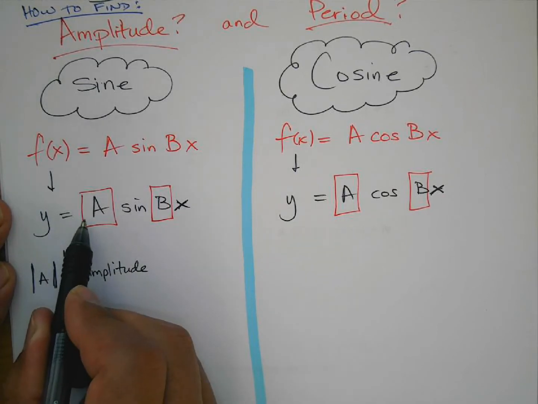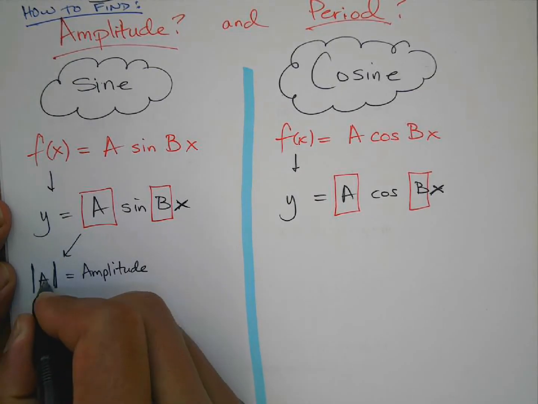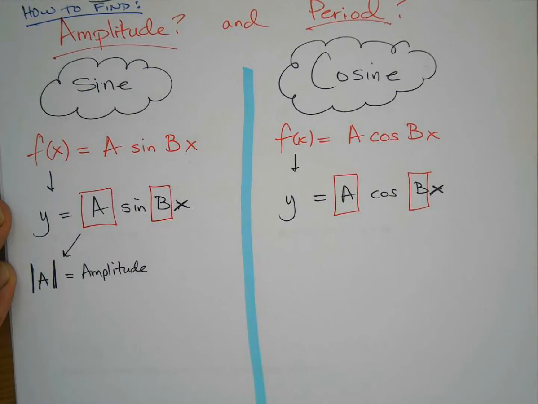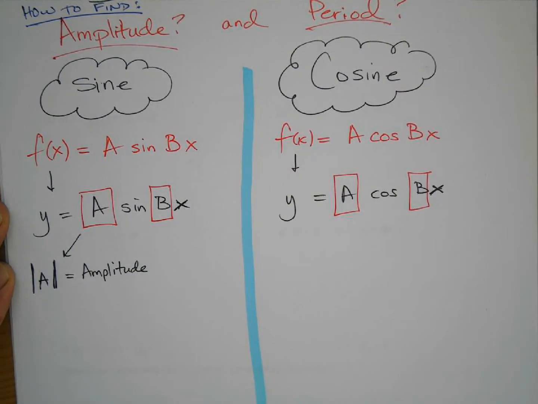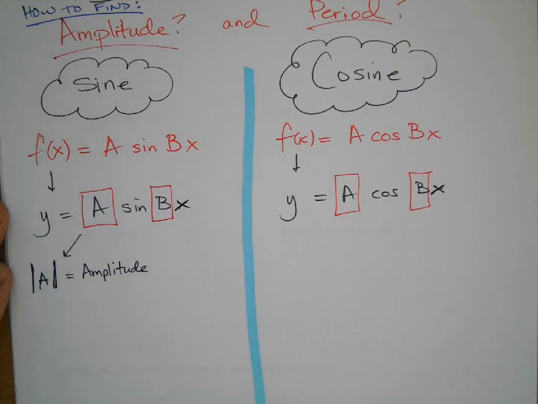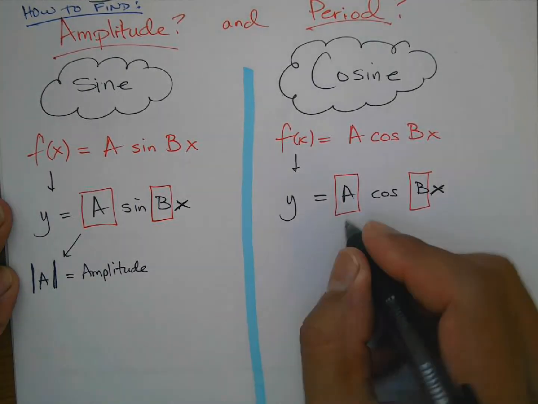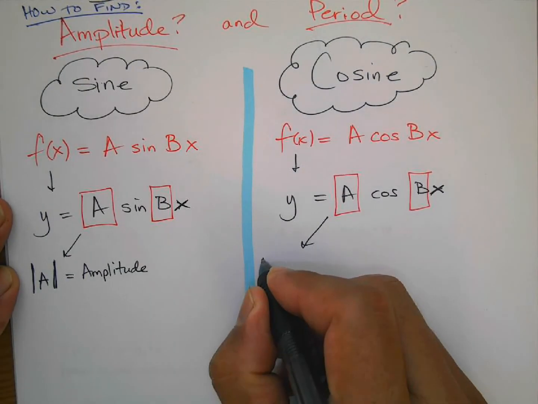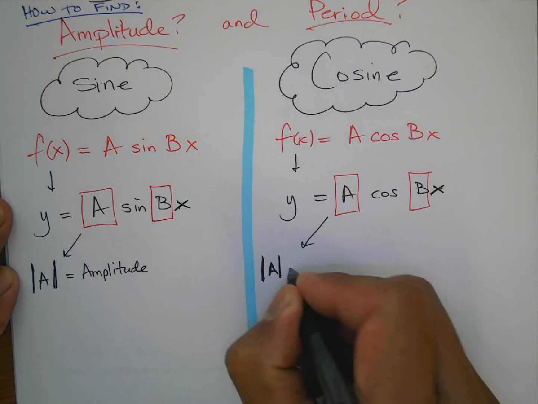If you have a negative 3 here, the amplitude is not negative 3. You take the absolute value. That's what the little absolute value bars tell you, that the amplitude is always positive. Later, I'll explain what a negative means. Just don't worry about that right now. And the same thing here, obviously. The amplitude has to be a positive value, so that's why you use the absolute value.